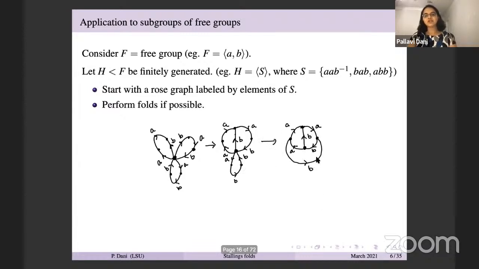Now that I have this picture, I can go around and check that at every vertex a fold is not possible. At every vertex, if I look at a pair of edges incident to it, then either they have different labels or they have different orientations. So what I have here is a folded graph. We arrive at this folded graph, which I will always call lambda of H. It's a special graph that's associated to our subgroup H.